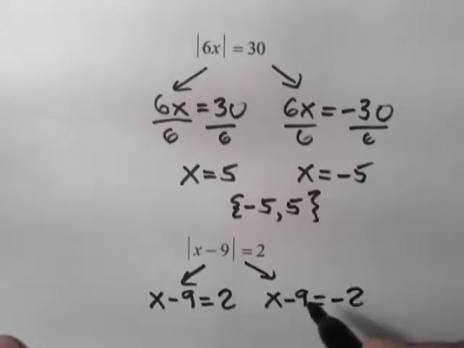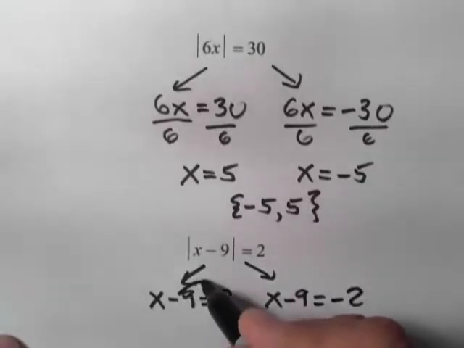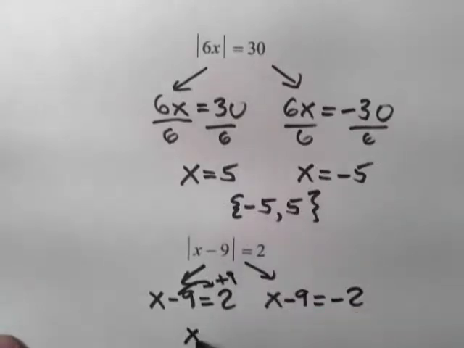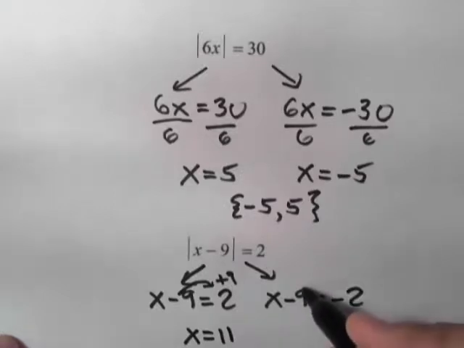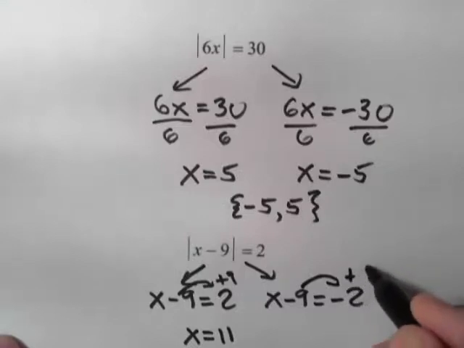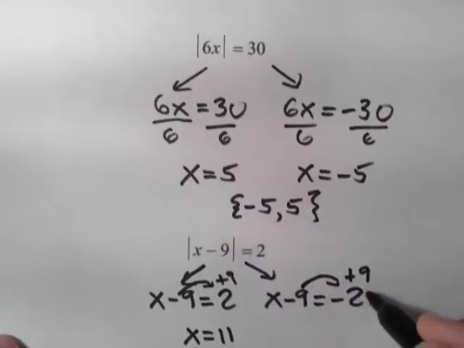And this will give us our two solutions. The minus 9 goes over as plus 9, so x equals 11 would be one. And then, again, the minus 9 goes over as plus 9, so what we'd have here then is x equals positive 7.